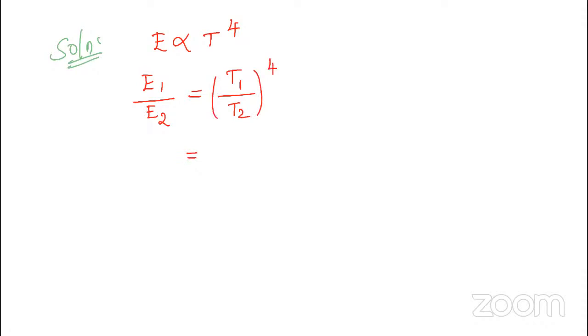Now we take T1 as the initial one, so it is T, and T2 is equal to T by 2. Let us substitute in this formula: T divided by T by 2, the whole power 4.